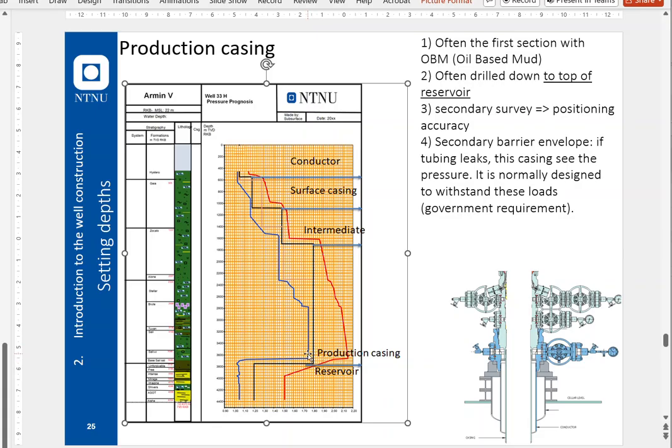And what we do in these kick tolerance calculations is to use gas. We use gas in our calculations because it's the most extreme. Methane properties, that's what we're calculating with. I'm not going to go more into detail right now.